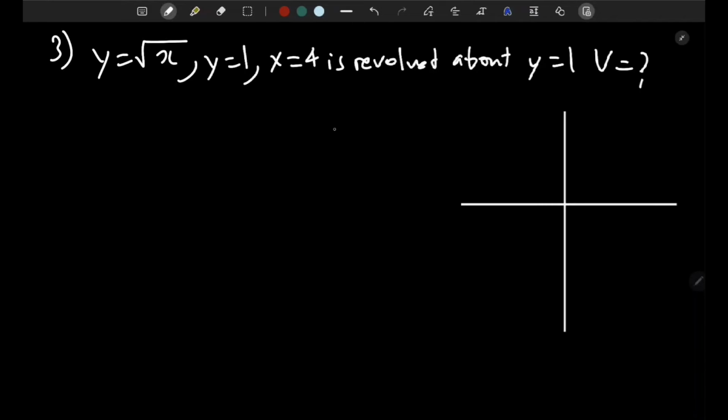So here let's first graph this equation. Let's take any 3 or 2 points for x and y. When x is 0, y is 0, when x is 1, y is 1, and when x is 4, y is 2.